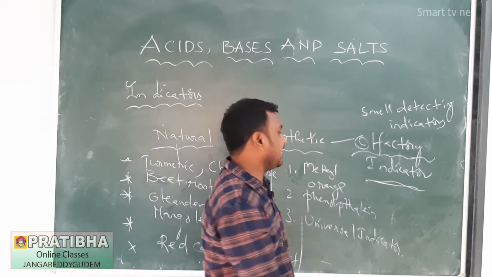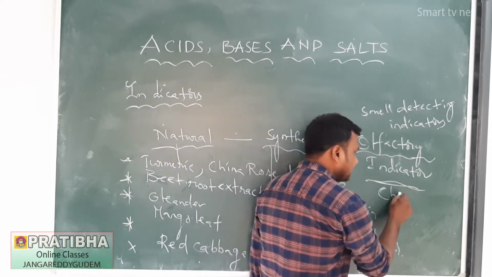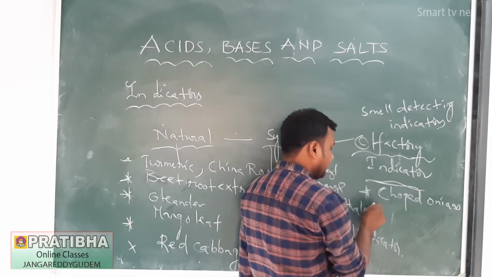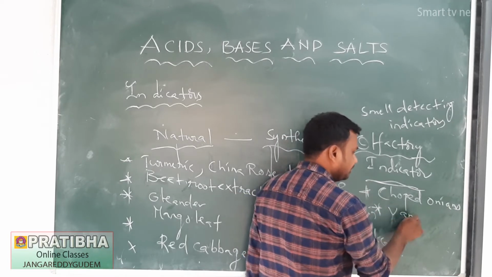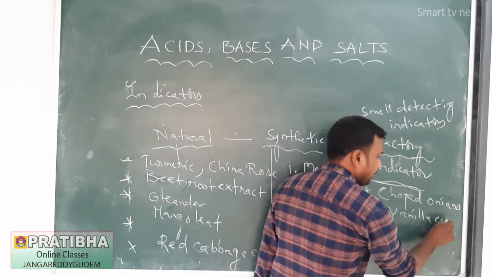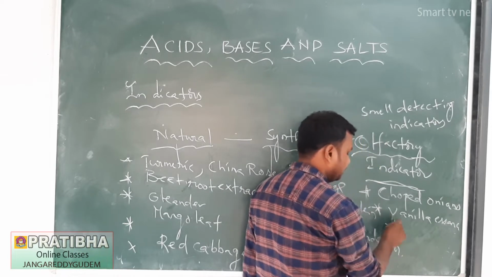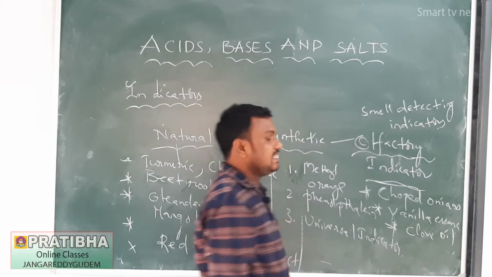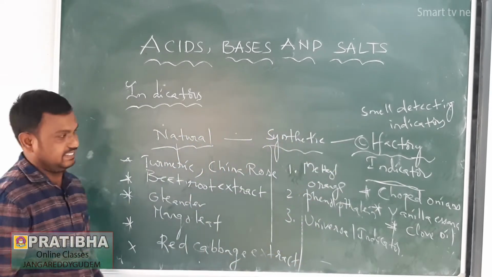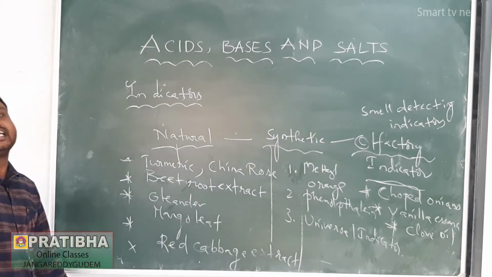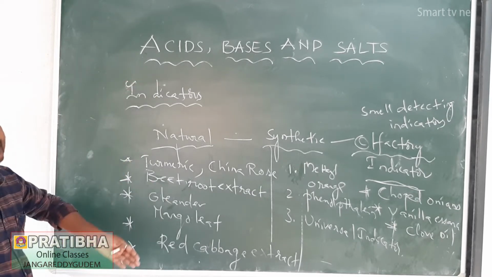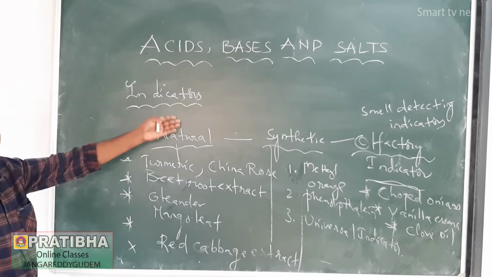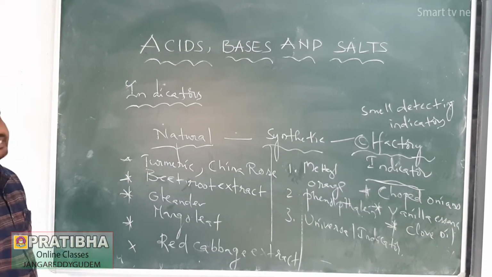Examples of olfactory indicators: chopped onions, vanilla essence, and third, clove oil. These are the examples of indicators. Now, what are the uses of indicators? These indicators help identify whether acid or base is present in the solutions.